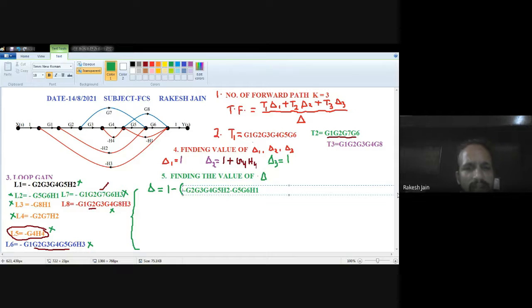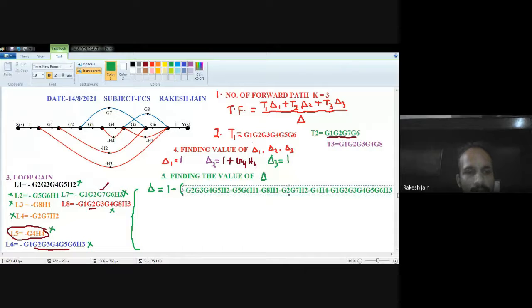I just write down the sum of all the loop gains from L1 to L8 first of all. Then minus G8 H1, then again, because the minus sign is there, G2 G7 H2, then G4 H4. Then G1 G2 G3 G4 G5 G6 and S3.